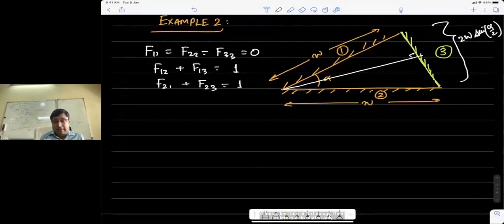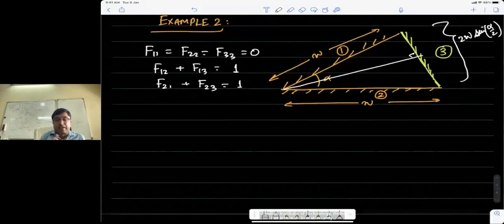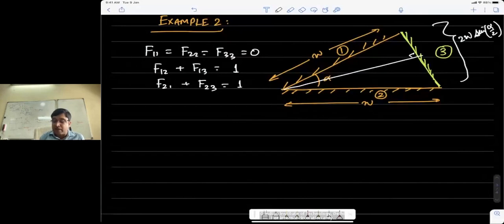Now, as I said, a lot of these problems have a lot of intuition to be used. I can say that surfaces 1 and 2 are of equal lengths, so clearly they are symmetric, and their view factors with surface 3 should be the same.